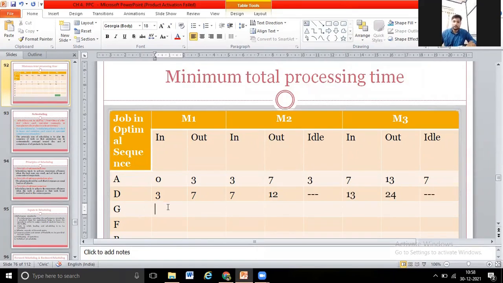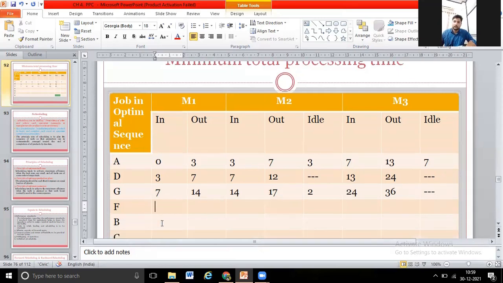Then for the G job, 7 hour will be the in time, 14 hour will be the out time. Then 14 hour will be the in time, 17 hour the out time. Then 2 hours will be the idle time, and in time will be 24 hour, 36 hour the out time, idle time 0.